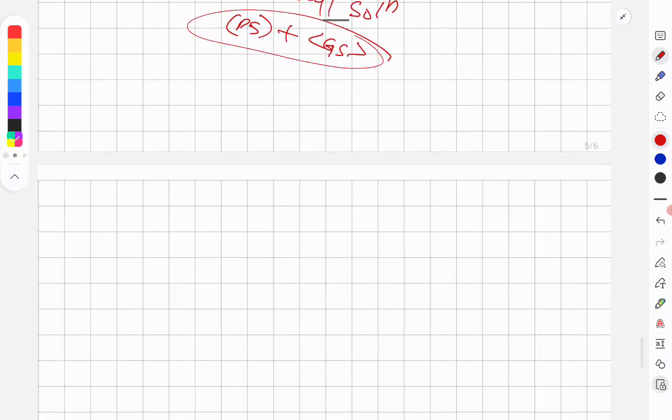So let's go to our notes. Who is responsible for infinitely many solutions? Which variable is responsible? Free variables, right?